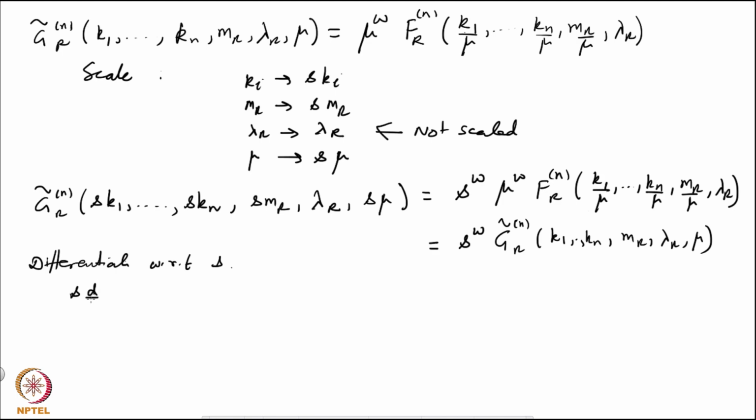So S d over dS of G tilde n R of S ki, instead of writing n times, I'll just write S ki, MR, lambda R, mu is equal to omega S to the omega. I'm differentiating this, but then you have another S multiplying, so omega S to the omega minus 1, but because you have S multiplying, it gives you again S to the omega times G tilde n R.